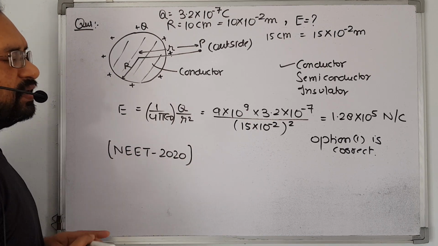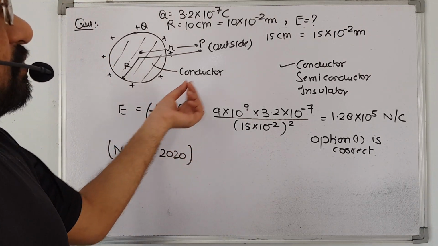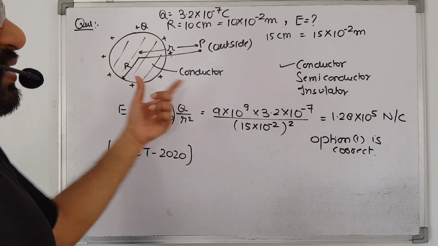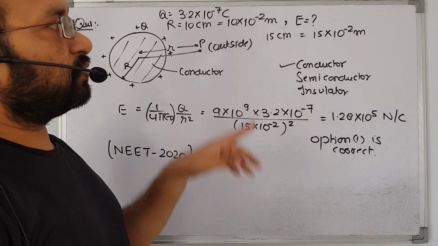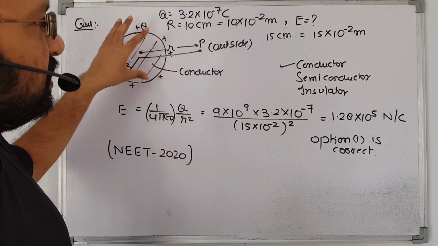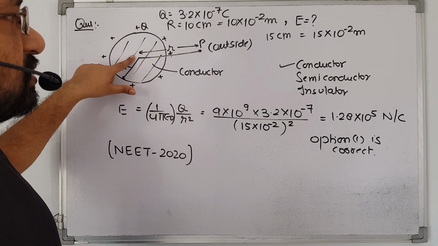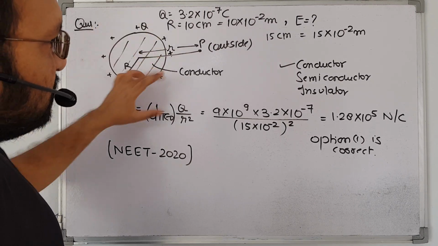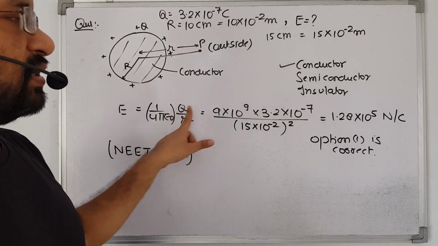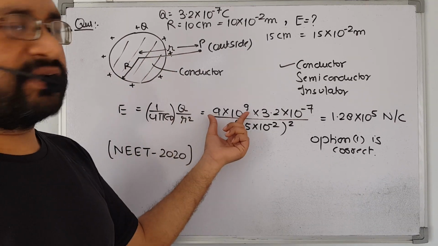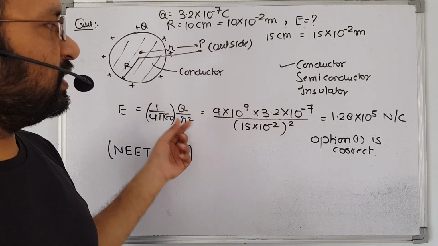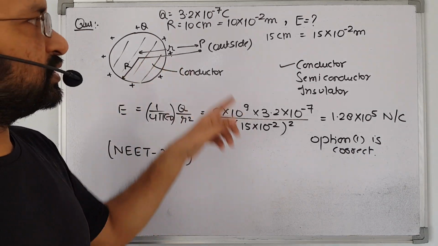If you apply the simple concepts of a conductor, that charge resides on the surface, and when we have to find the field at point P which is outside, the whole charge is assumed to be concentrated at the center. Then the electric field due to a point charge formula is 1/(4πε₀) q/r², where 1/(4πε₀) = 9 × 10^9, the charge is 3.2 × 10^-7 coulomb, and the distance from the center of the sphere is 15 centimeter.